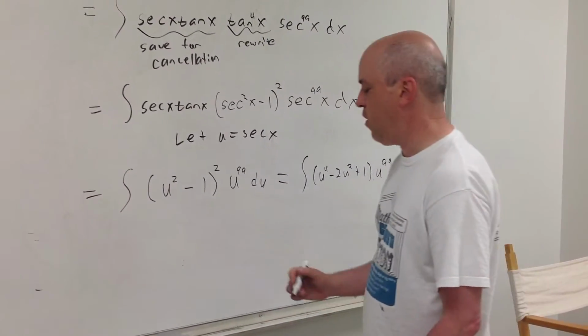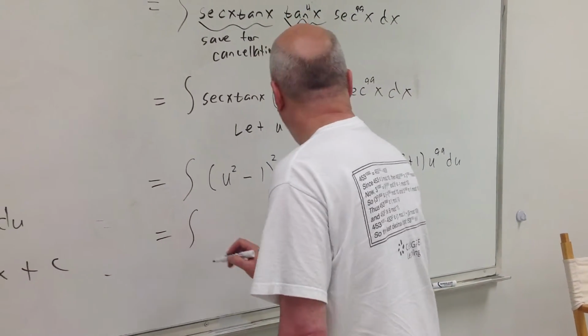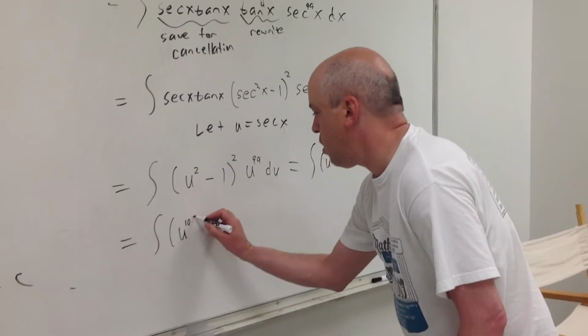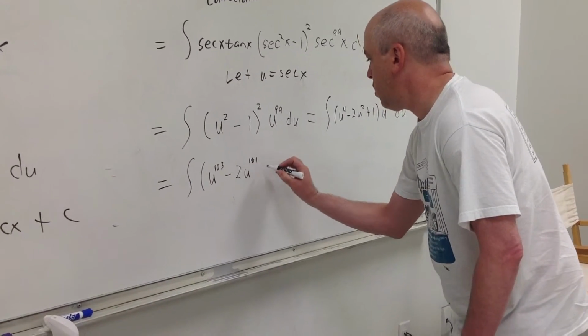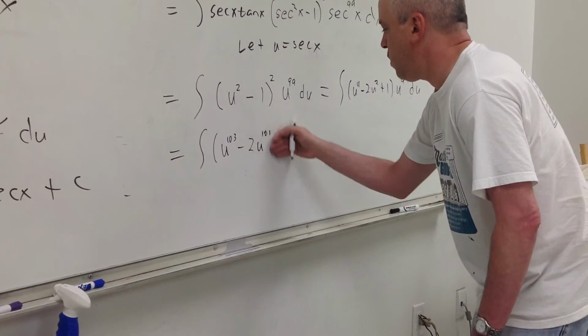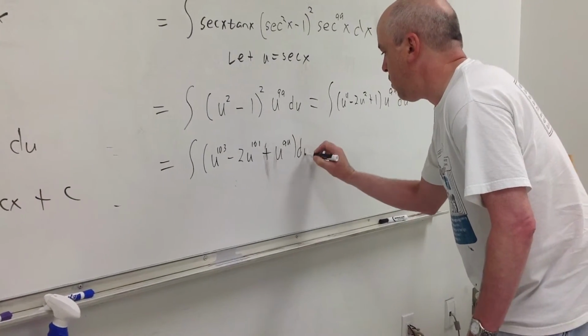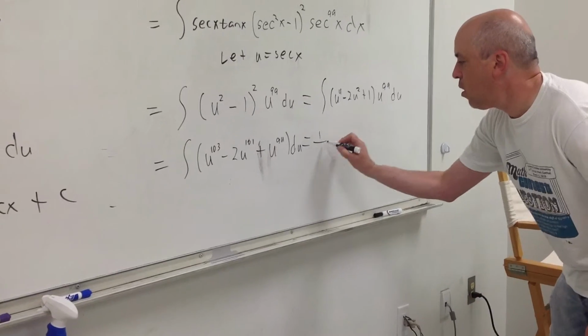Now, nothing special about that 99. I just have to add that to all of my exponents. That's u to the 103 minus 2u to the 101 plus u to the 99 du. One term at a time, 1 over 104.